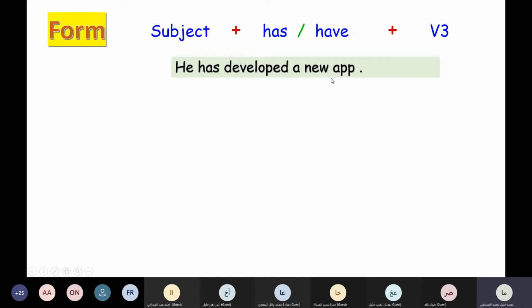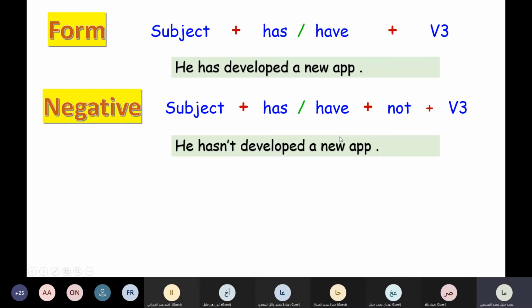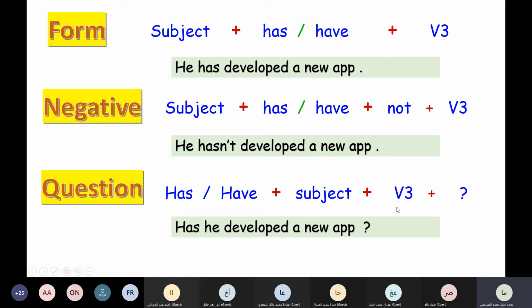He has developed a new app. For the negative, we use have not or hasn't with verb 3. If you want to make a yes/no question, we change the order of the sentence, starting with have or has plus the subject and verb 3. Has he developed a new app? So these are the examples of the present perfect.